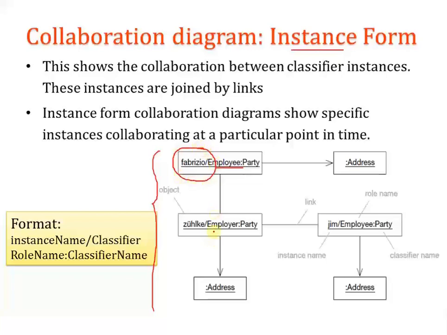Similarly here, employer, the person Zukli is an employer of the particular party. So employee Fabrizio will have an address. Similarly, the employer will have an address. Similarly, another employee called Jim, who is also an employee of the party, will again have an address. So this is a detailed representation called instance form in object perspective.